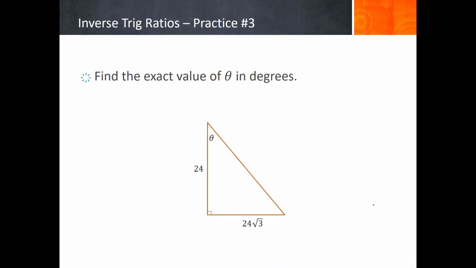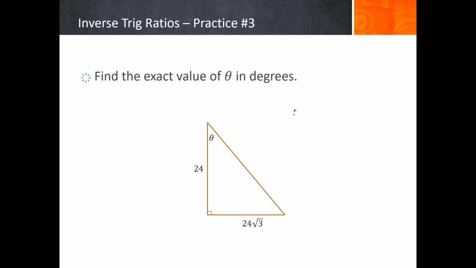Now let's look at another one here. We want to find again the exact value of our angle. For the angle in our acute triangle, we know the adjacent side is 24, and the opposite is 24 over √3. So that's going to deal with tangent.